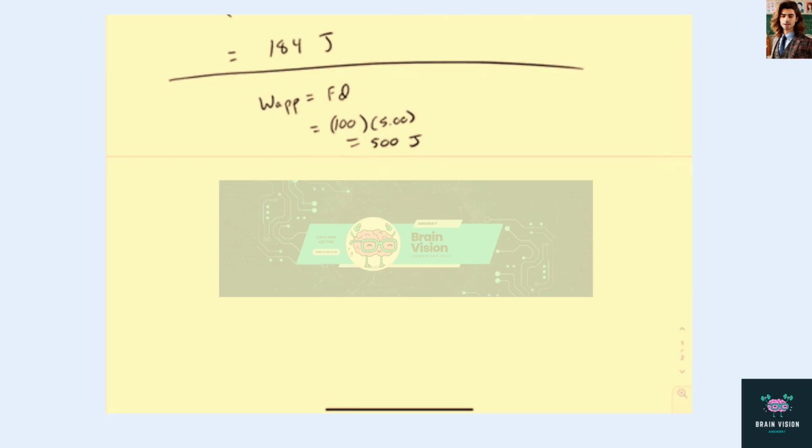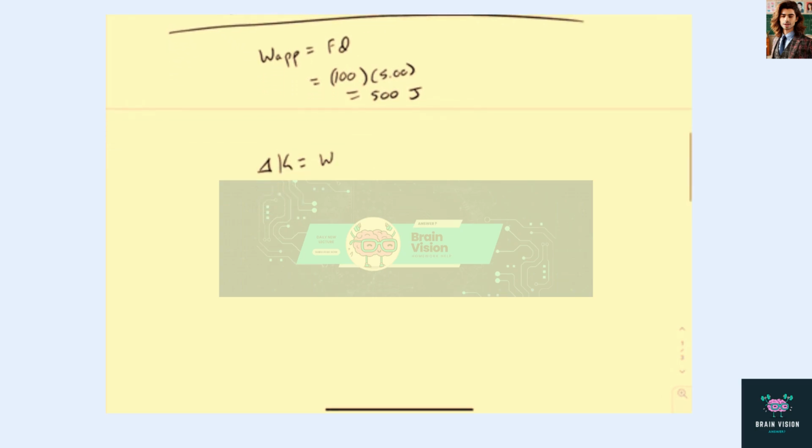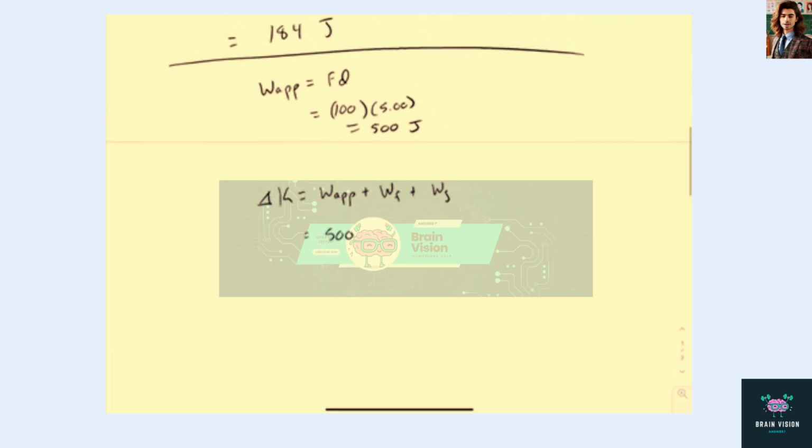And now the change in kinetic energy is going to be the sum of all the works that we've found. So we have the work applied, the work due to friction, and the work due to gravity. This is going to be 500.